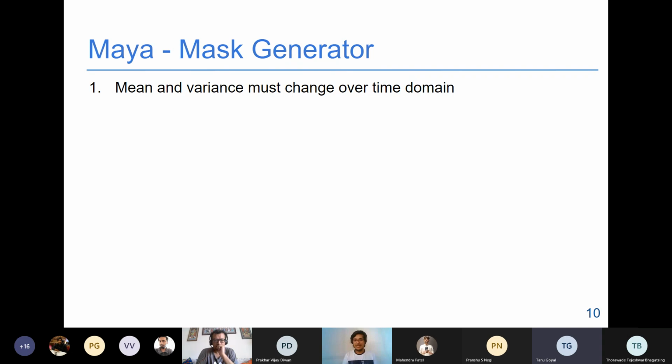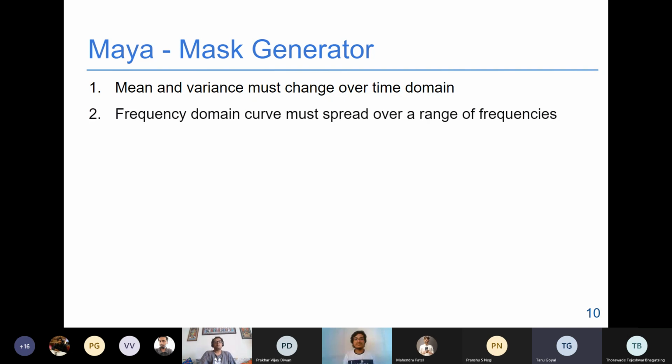For an effective mask, the authors postulate that the mask should satisfy three properties, and I'll be listing these three properties right now. One property is that the mean and variance must change over the time domain. The other property is that the frequency domain curve must spread over a range of frequencies. And finally, the third property is that there must be some peaks in the frequency domain curve.